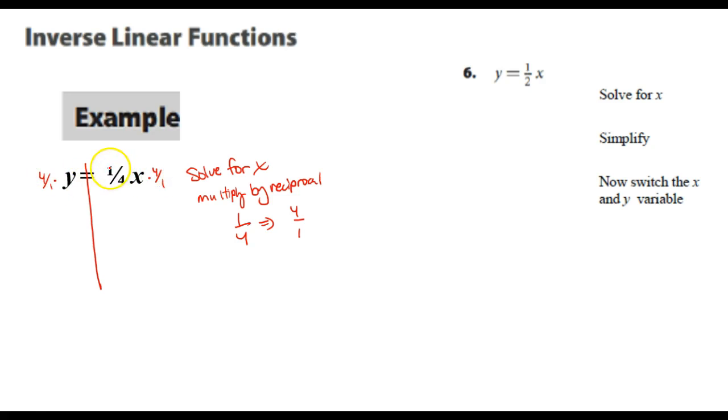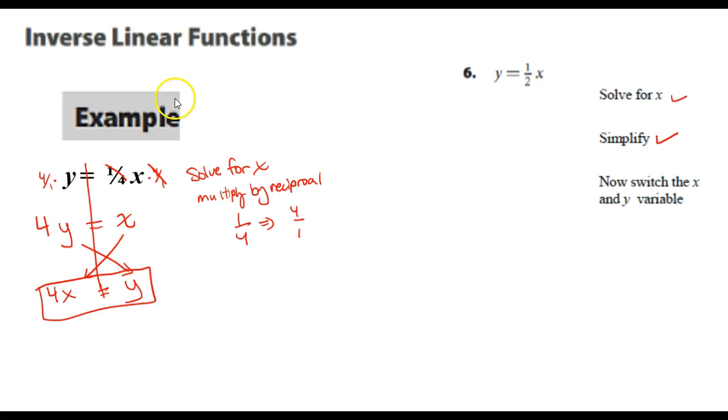Alright, what that's going to do is cancel out these fractions, and I'm left with x equals, well, 4 divided by 1 is just 4, so it would be 4y equals x. So I solve for x, simplified. Now we're going to switch those variables around. So that's 4x equals y. Go ahead and use that one to help you solve for number 6.